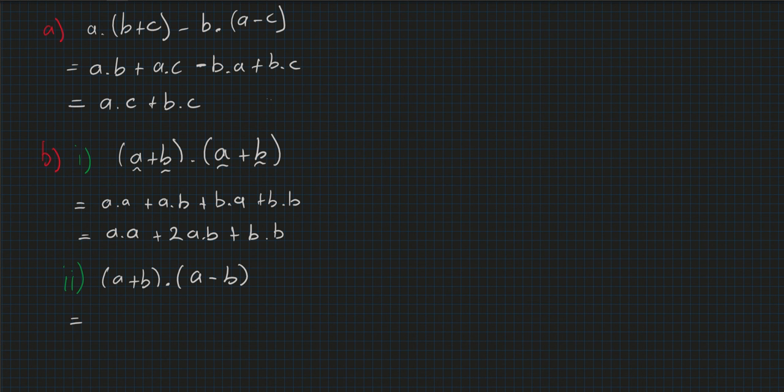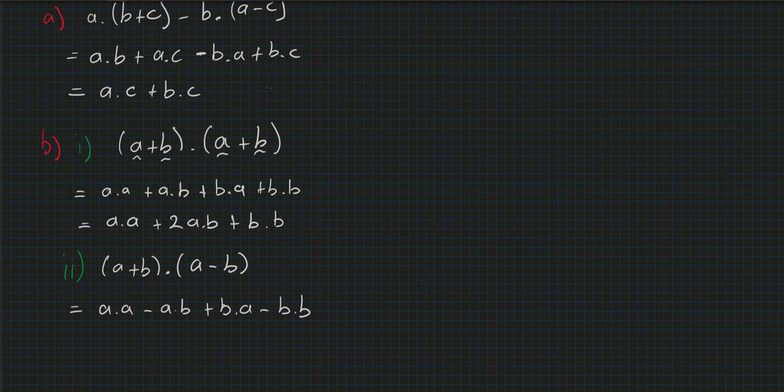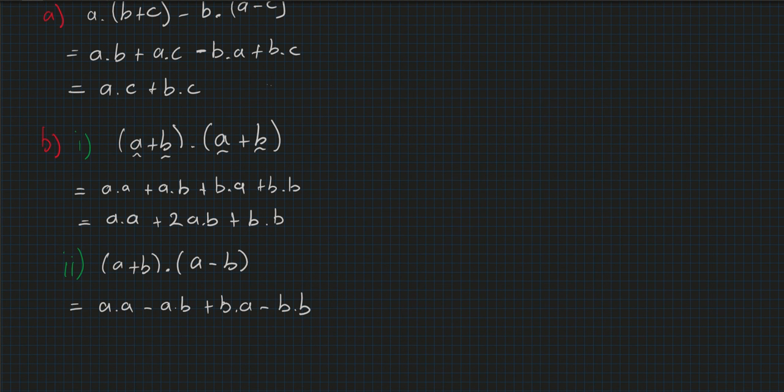So we know that A dot A exists and A dot minus B, so that's minus A dot B. And then we've got plus B dot A, and plus times minus is minus B dot B. These two cancel out, since A dot B is equal to B dot A. So this equals A dot A minus B dot B.